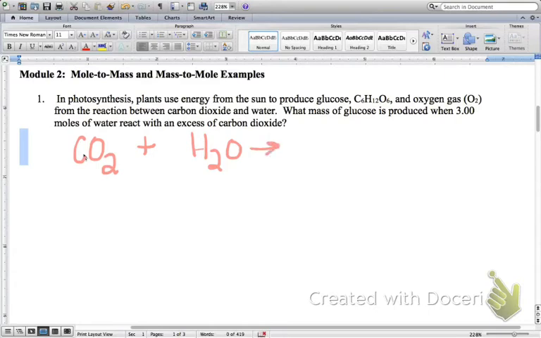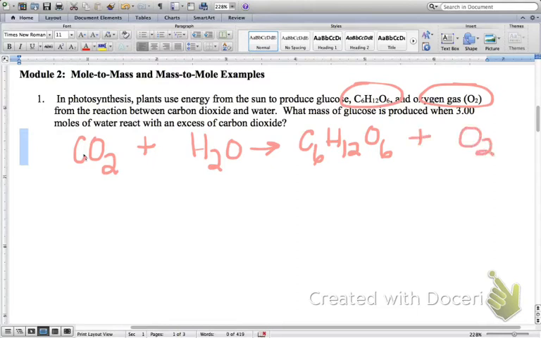To produce, they're telling us that we produce two things: the glucose and the oxygen gas. So the glucose is C6H12O6 plus our oxygen gas, O2. So there's our skeleton equation. We've got all of our reactants and our products in there at this point, okay?